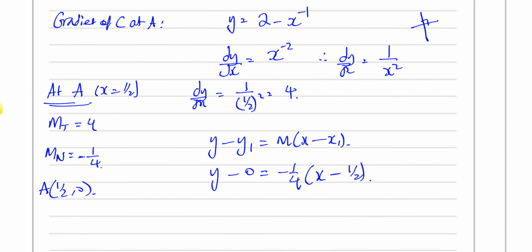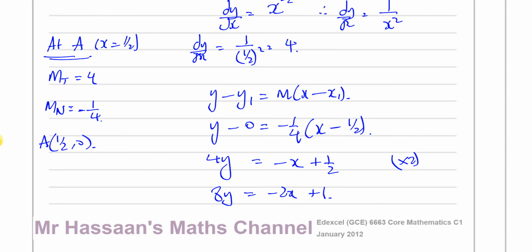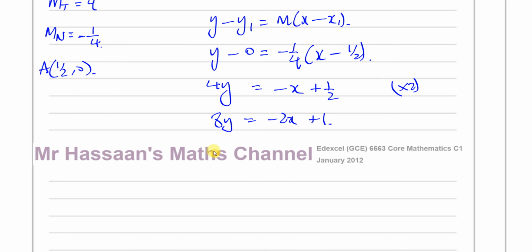Okay, so I can multiply both sides of this equation by 4 first. So I'll have 4y is equal to minus x plus a half, and I can multiply again by 2. So I have 8y equals minus 2x plus 1, and therefore we can write the equation as requested.